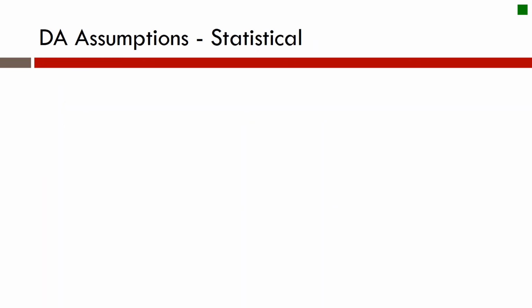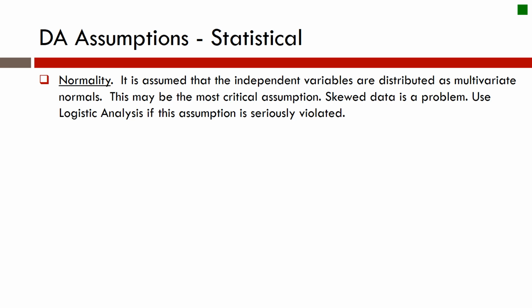All right, so some final assumptions, which would be pretty much expected with multivariate analysis. Typically, our IVs should be normally distributed, so we should double check for that.